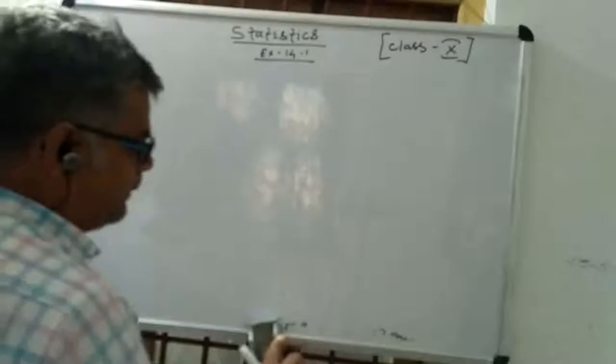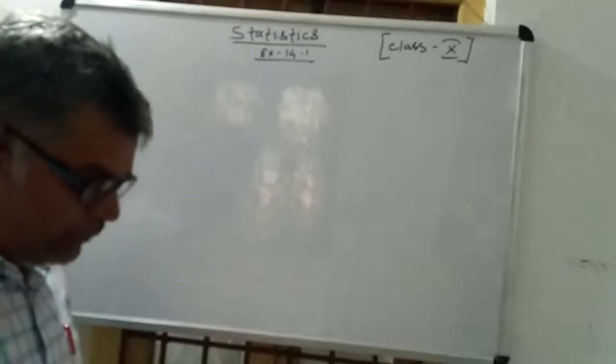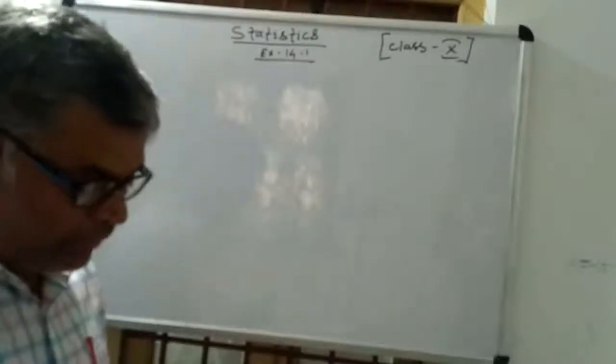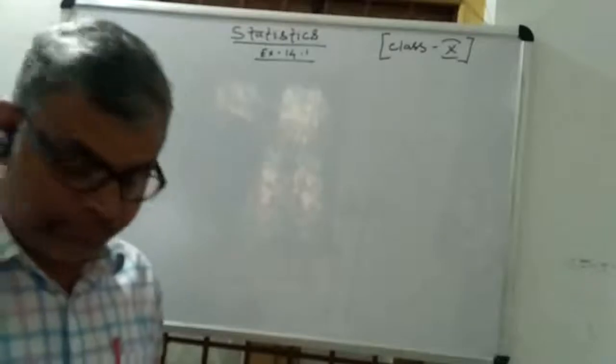See question number 2 of this exercise. Consider the following distribution: daily wages of 50 workers of a factory. The daily wages of a worker in a factory are given, and the number of workers are given.